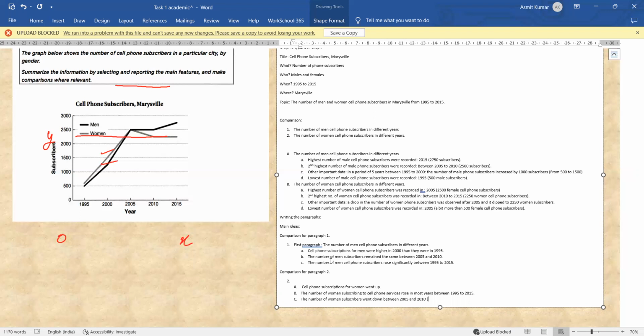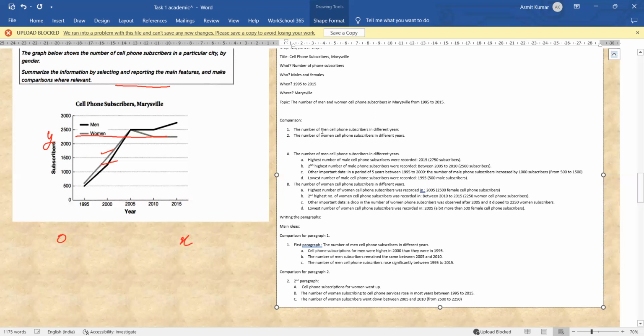So it declined from where to where? From 2500 to 2250. That's it. Nothing else is really required here. So we have already written the points which we are going to use while comparing. Am I clear now? Let's see.